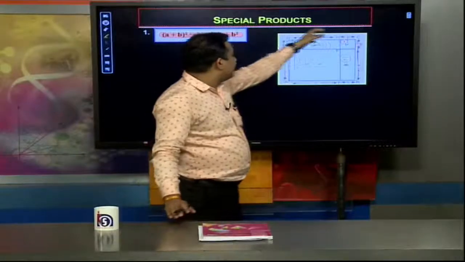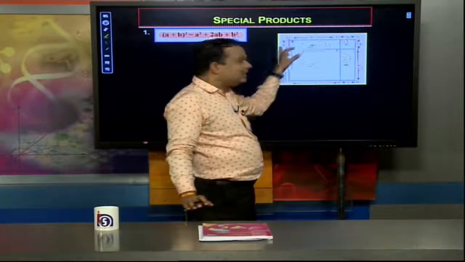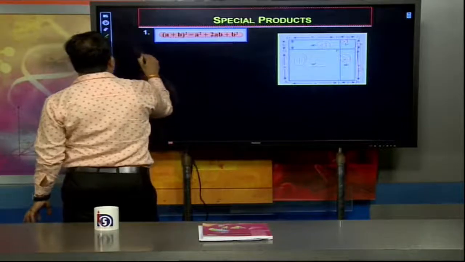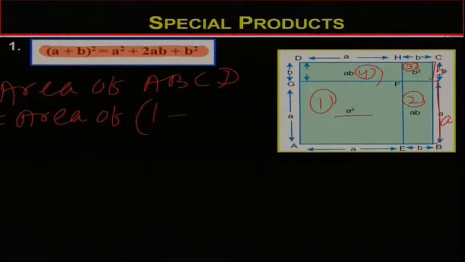When talking about the area of this rectangle ABCD, if we want to prove it geometrically, the area of ABCD is equal to the area of 1 plus 2 plus 3 plus 4.